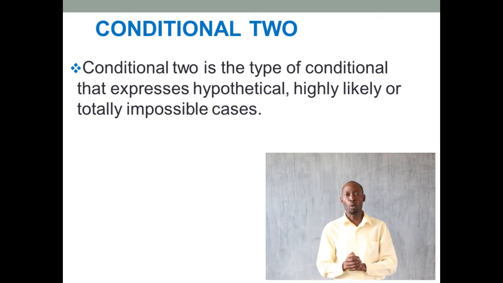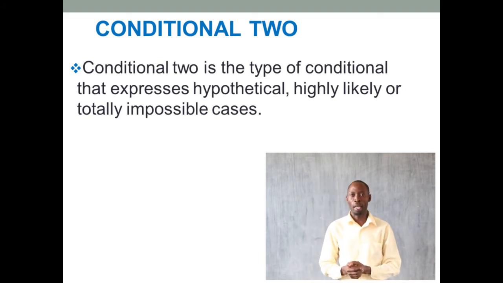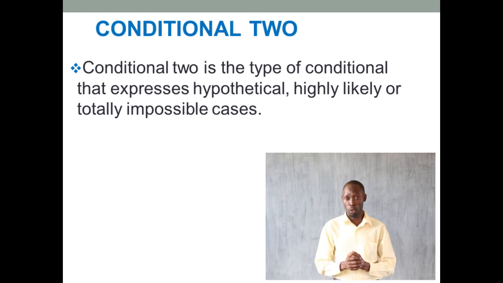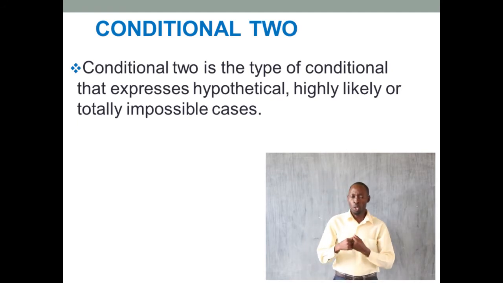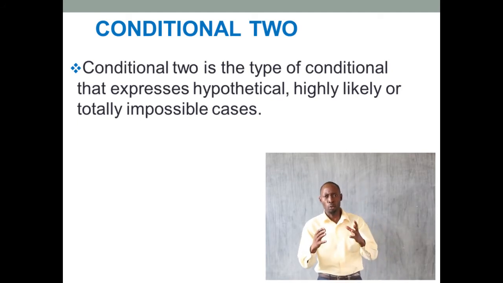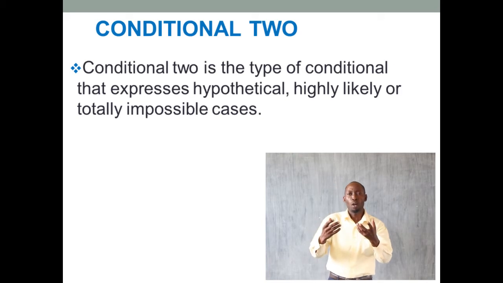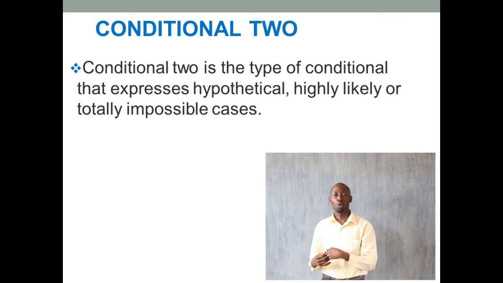Hypothetical comes from the word hypothesis. And a hypothesis, like I said in the first lesson, has many meanings, one of which is guess or imagination. So in this conditional, we may basically try to look at how things could be if certain conditions got fulfilled. So we're not talking about reality.